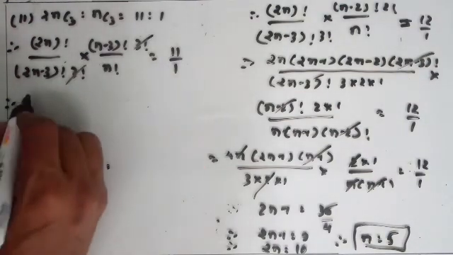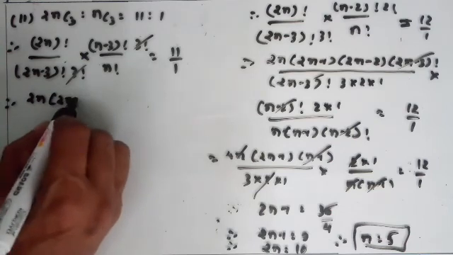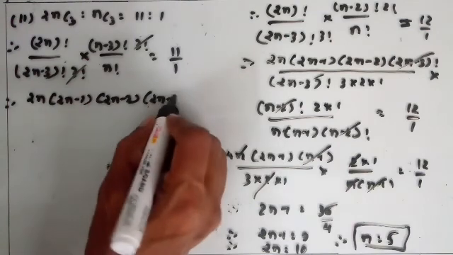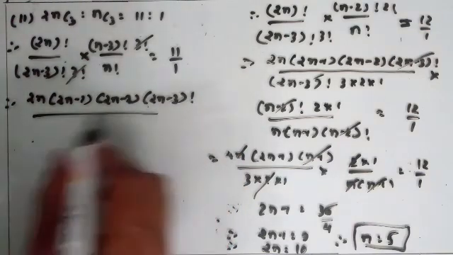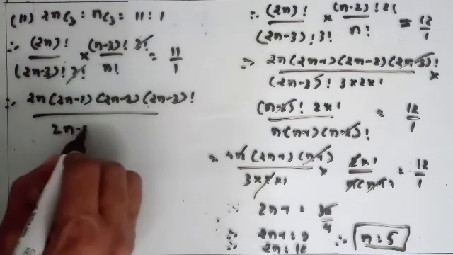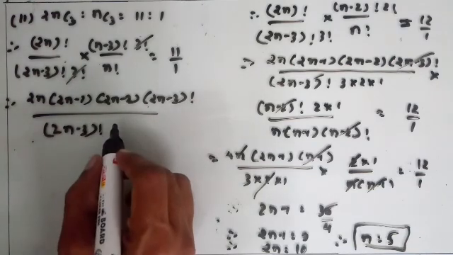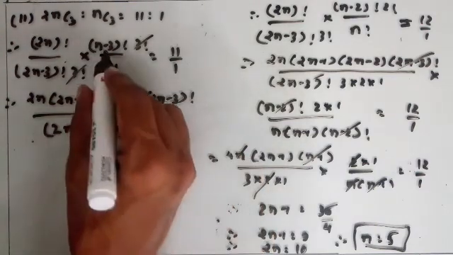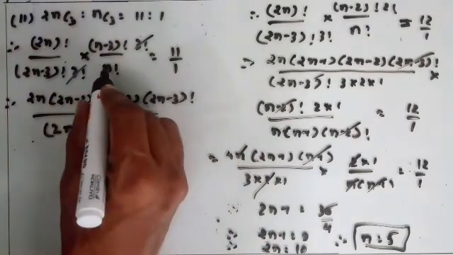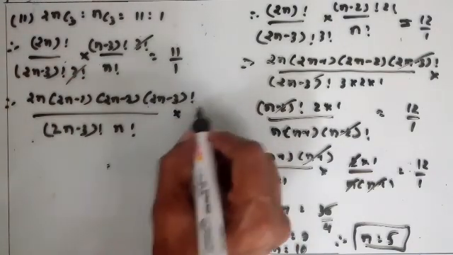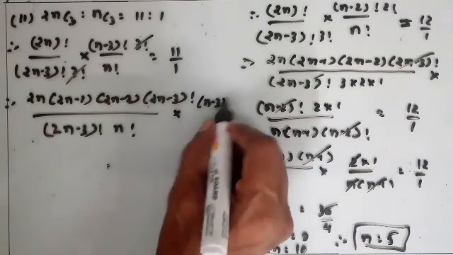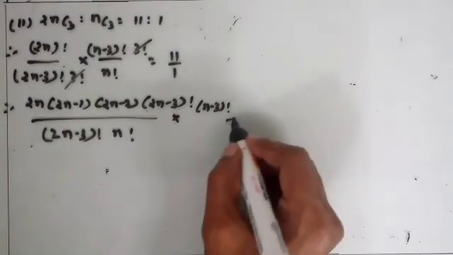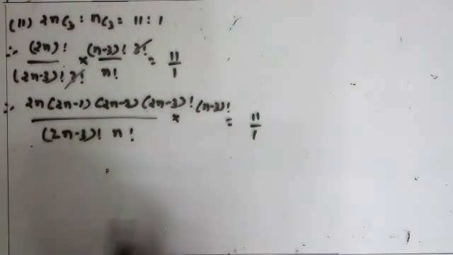So here we get 2n, 2n minus 1, 2n minus 2, (2n minus 3) factorial upon (2n minus 3) factorial into n factorial, and (n minus 3) factorial is also given, is equal to 11 upon 1.